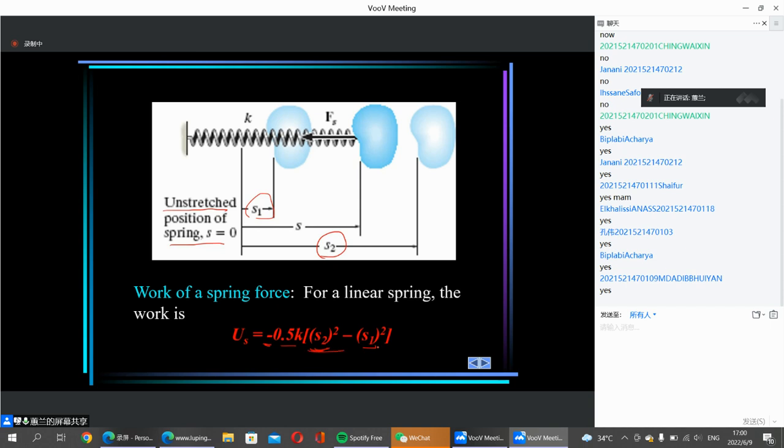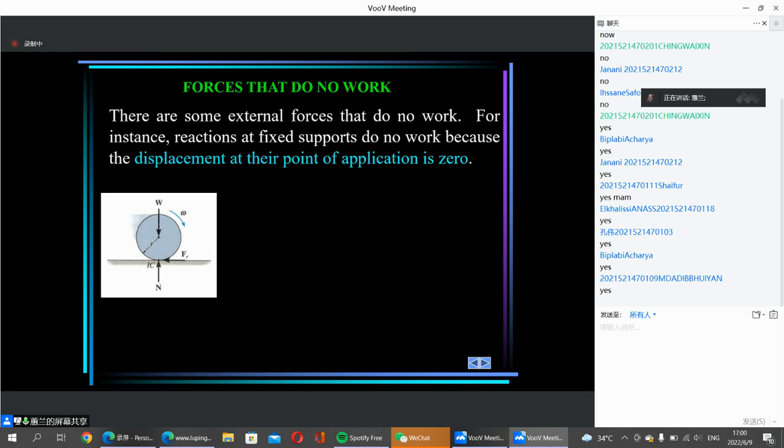Okay, so this is the work by the spring force. No matter whether the spring is pulled or pushed, tensile or compressive, the spring force can do positive or negative work on the rigid body, right? It depends on the change of the spring length.